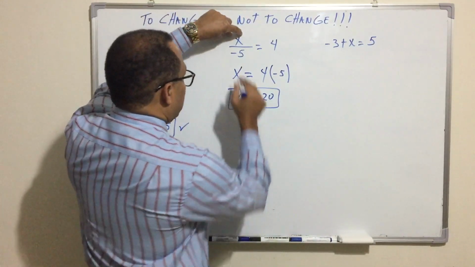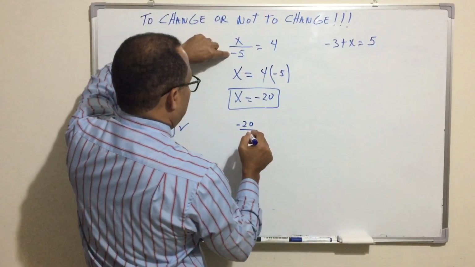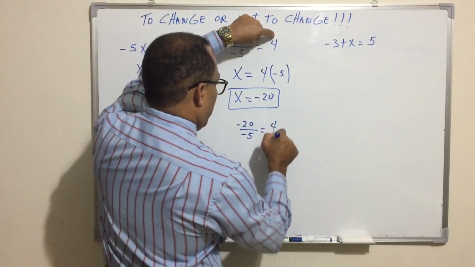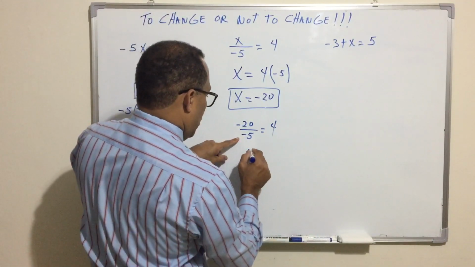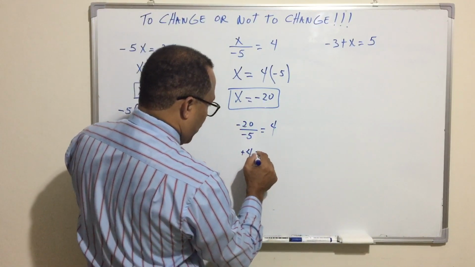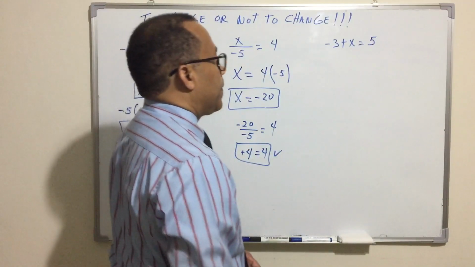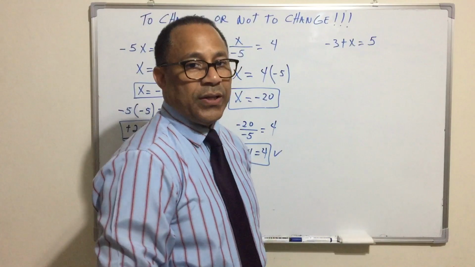I'm replacing the x in x over negative 5 equals 4. Negative 20 divided by negative 5 equals 4. Negative divided by negative is positive. 4 equals 4, yes. So this is check.